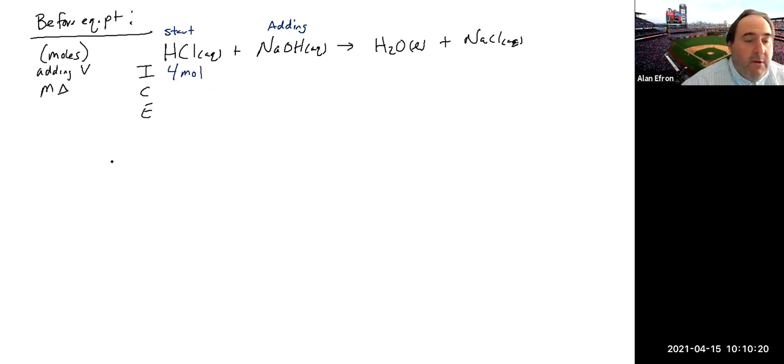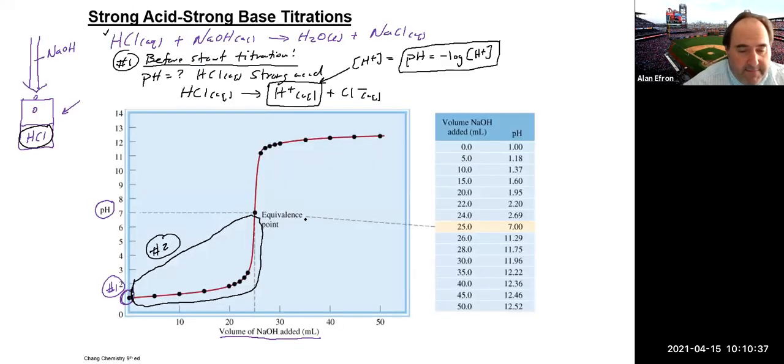Okay. So because I'm before the equivalence point, should the moles of the sodium hydroxide be less than, more than, or equal to the moles of the HCl? To help you make that decision, let's talk about the equivalence point. What happens at the equivalence point?